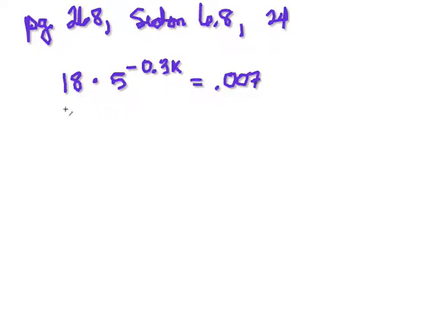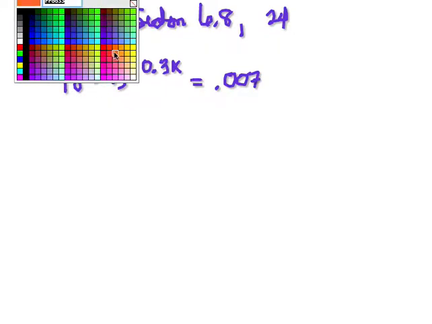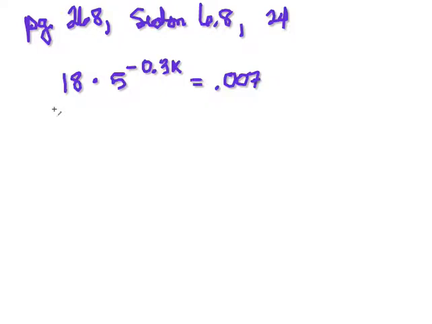And so the easiest way to do this is, first of all, to divide both sides of this equation by 18. The reason I am doing that is just so that I get this 5 raised to the negative 3/10 x by itself. I'm trying to solve for x.